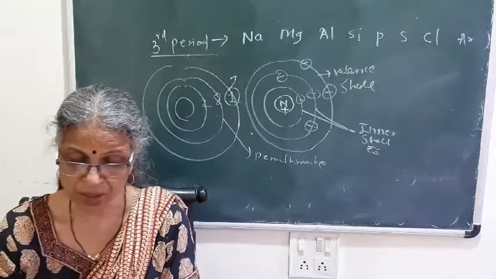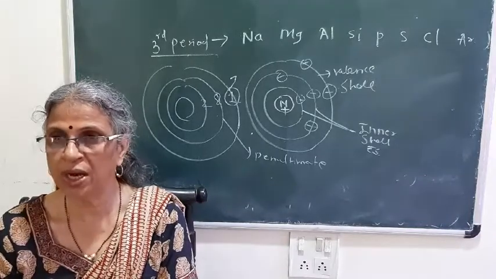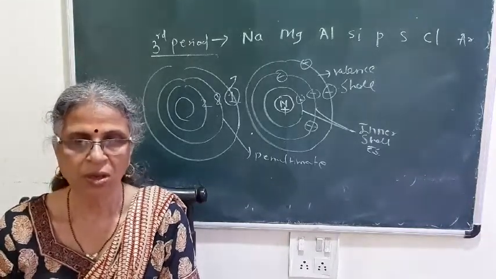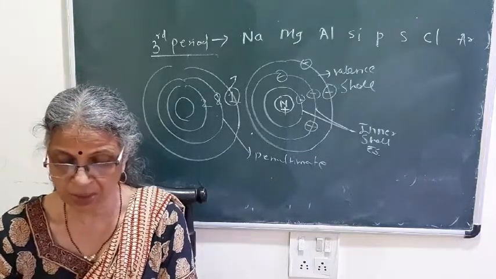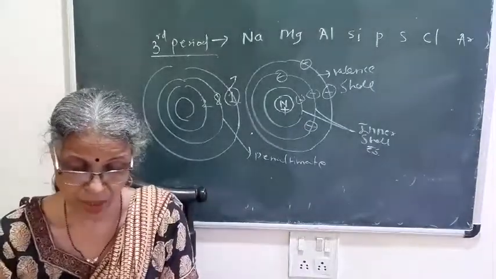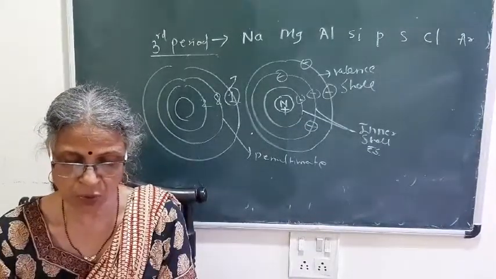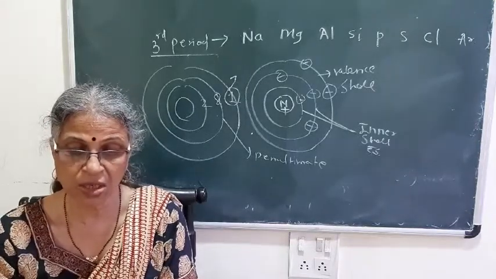And the non-metals in the third period are phosphorus, sulfur, chlorine and argon. So you open the periodic table and see which are the non-metals in the third period. Just now we have written phosphorus, sulfur, chlorine, argon. The 2 elements having valency 4 are carbon and silicon.